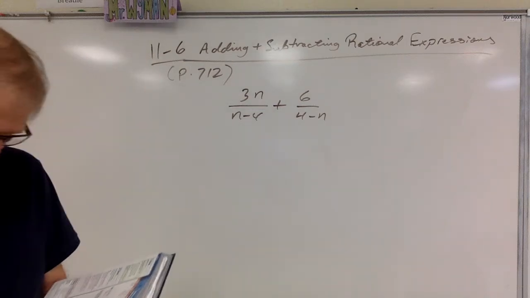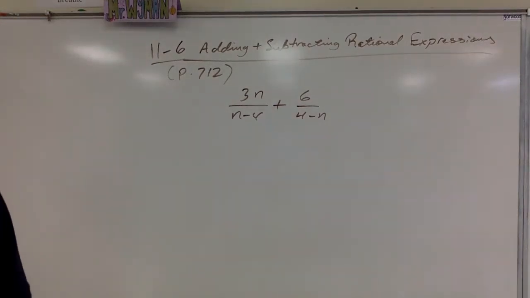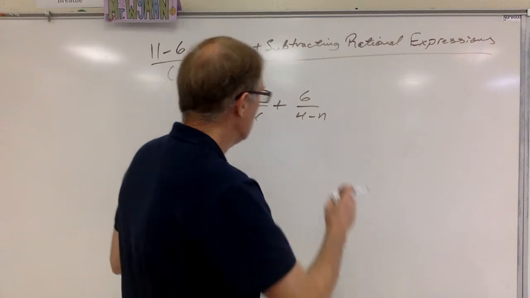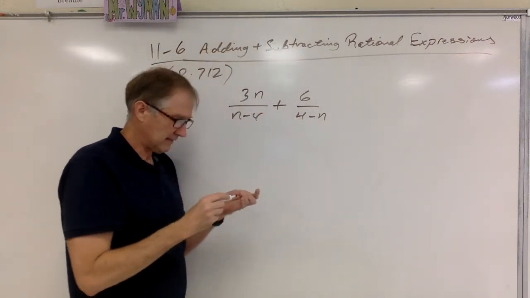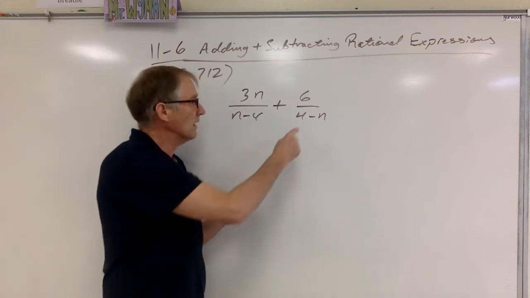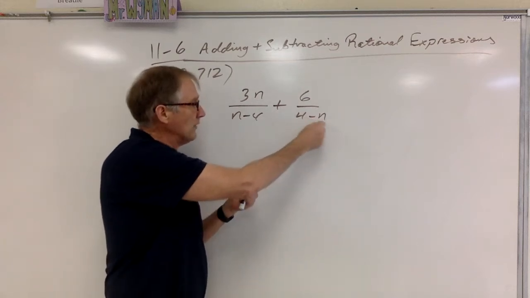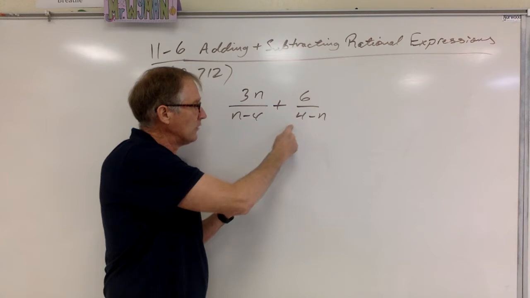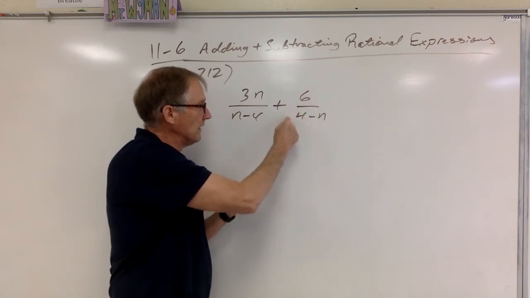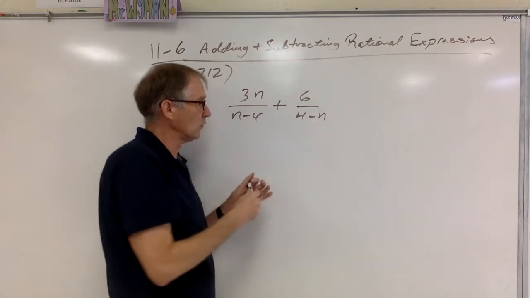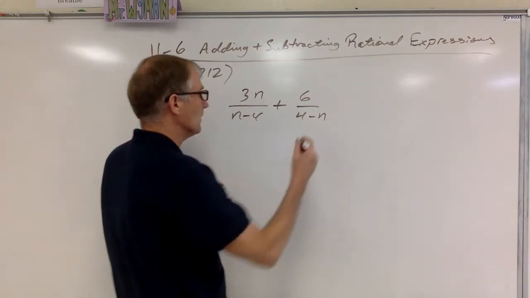This is an inverse denominator. N minus 4 versus 4 minus n. We did something like this in a previous section, where if we factor out a negative sign and put parentheses around the negative sign out here, then we can switch these around. So let's just go ahead and do it.